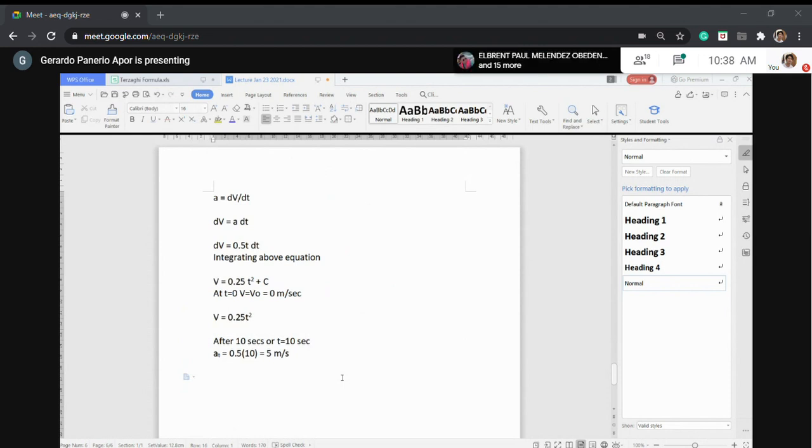We can also get the tangential velocity after 10 seconds, which is 0.25 times 10 squared, or 25 meter per second.